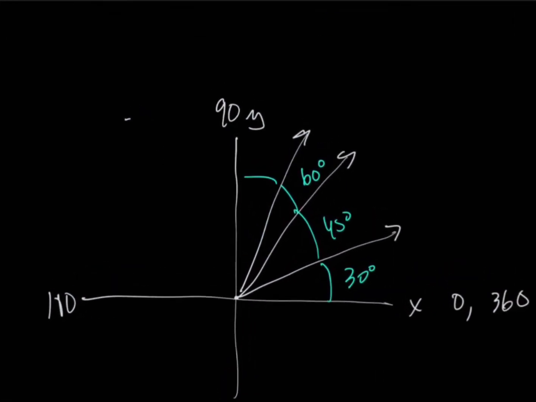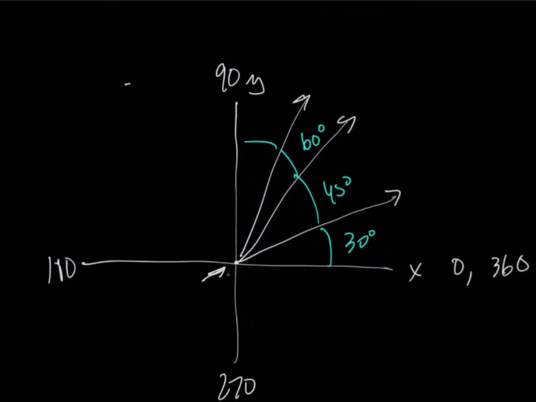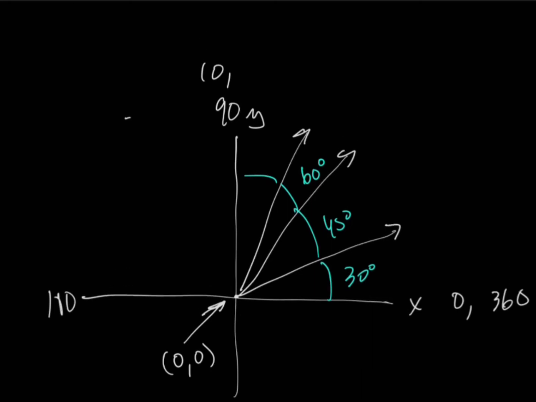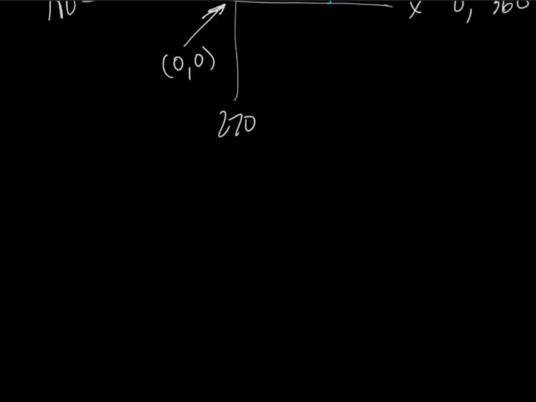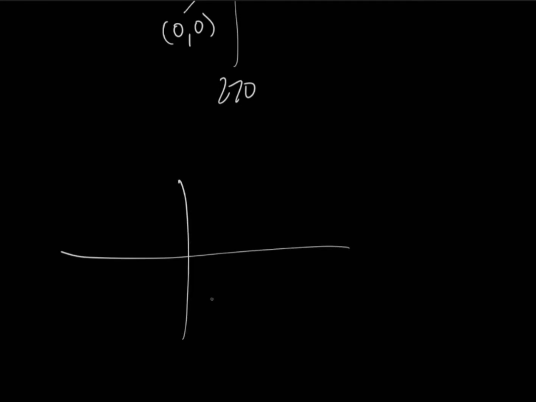So as we know, this is the origin, and the origin has coordinates 0, 0, right? Well, if you just go straight up, your x coordinate is still 0 because you haven't moved horizontally at all. But your y coordinate has changed because you have moved vertically. So this right here is actually 0, 1. The maximum height for the unit circle in any direction is 1, and then if it's in the negative, negative 1.